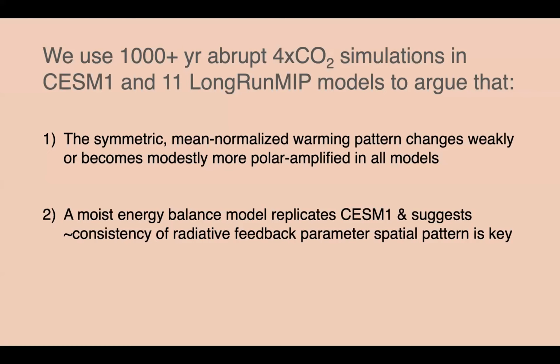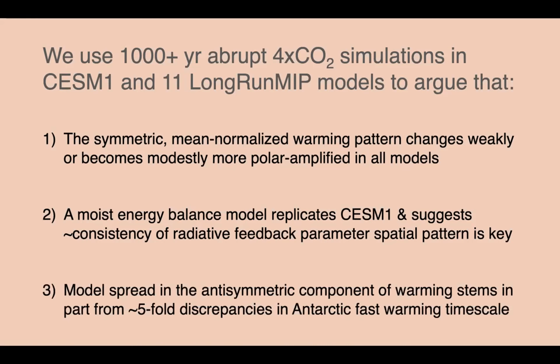To understand the mechanisms underlying this robust response, we use a moist energy balance model applied to CESM1, which replicates the model behavior, and through perturbation simulations suggests that it's the quasi-consistency of the pattern of the radiative feedback parameter in this GCM that is key to this consistency of the symmetric warming pattern.